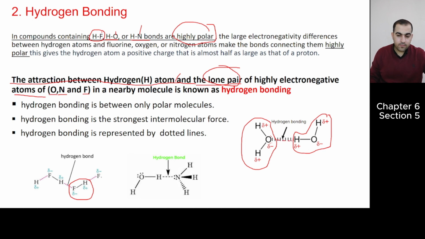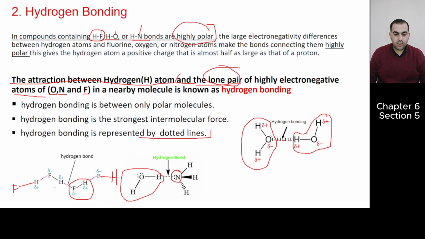Okay? Hydrogen bonding doesn't happen only between hydrogen, fluorine and oxygen. It happens between hydrogen in a molecule, for example water, and nitrogen in another molecule. It's also hydrogen bonding. Here between hydrogen and fluorine, there must be hydrogen here also, and there must be fluorine. We represent it by dots mostly.